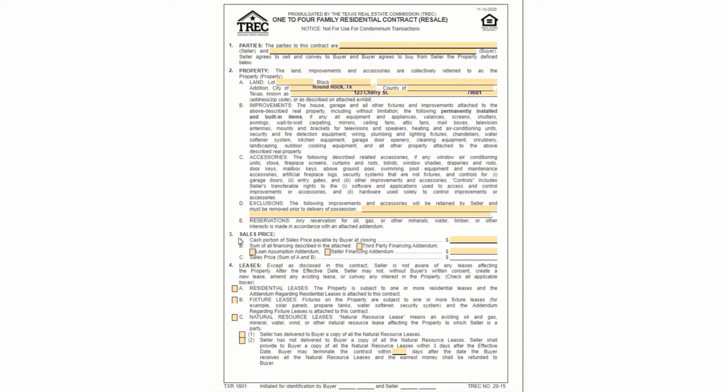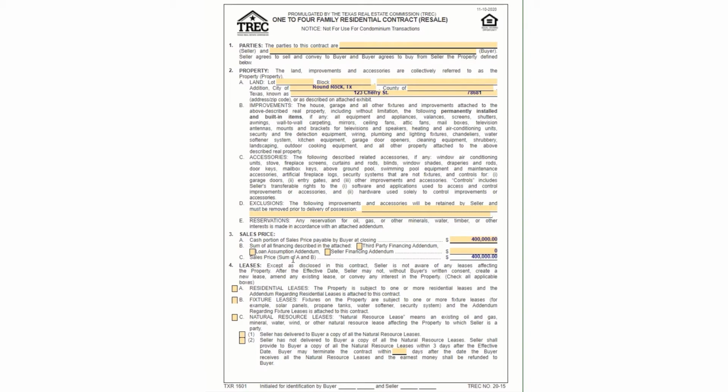So let's take a look at 3A. That's the cash portion of the sale. And today we're going to look at it two different ways. We're going to say that the buyer has $400,000 in cash and is going to make a purchase of $400,000. And in that case, he would not need a loan. So we would put 0 for the sum of all financing.